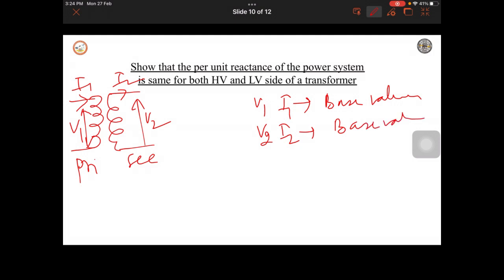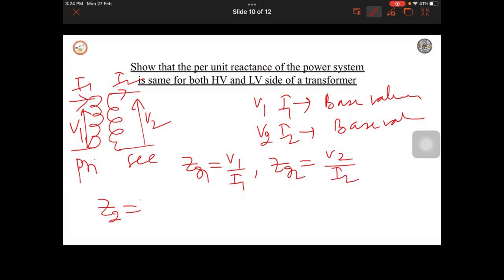Next, let us have the base impedance, that is V1 by I1. Similarly, the base impedance in the secondary is V2 by I2. So, we know that Z2 is equal to Z1 into N2 by N1 whole square. This is nothing but the total series impedance of the two windings referred to secondary.